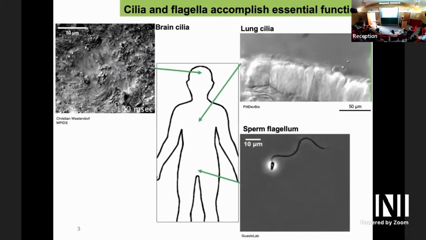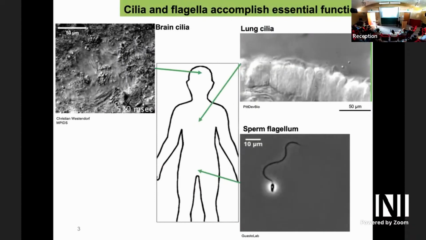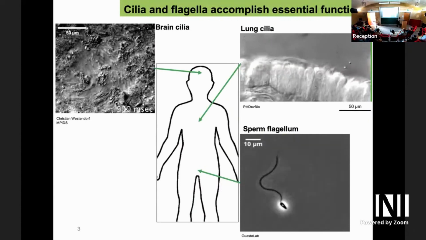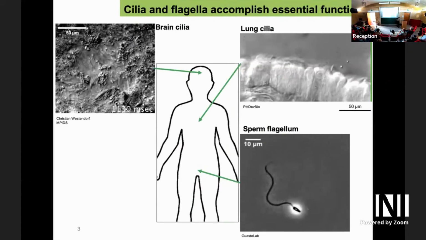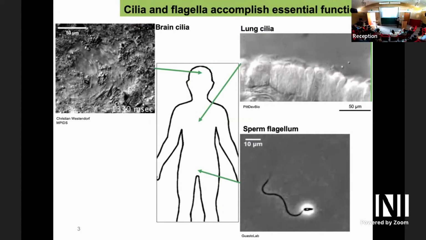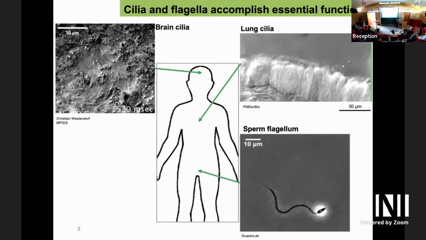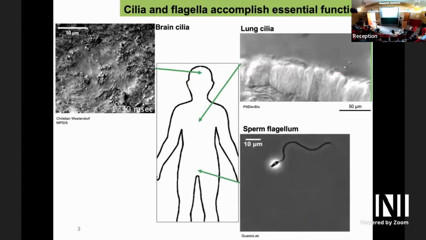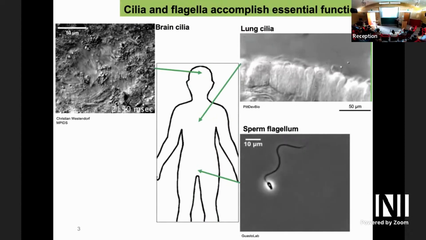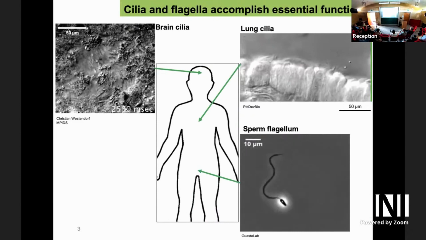So for those of you that don't know what cilia and flagella are, although we had a talk last week, they are hair-like structures that, in the case of cilia, cover the cells and tissue, forming a carpet that synchronizes in a way that they can transport fluid.